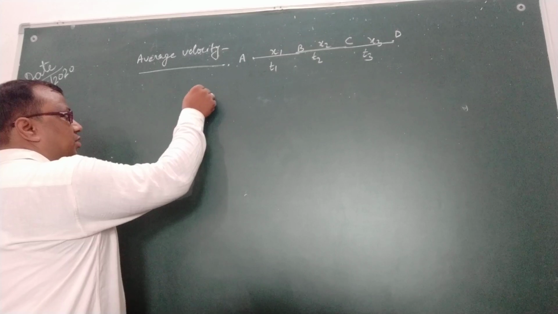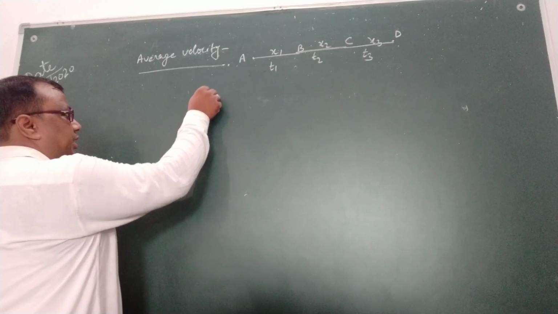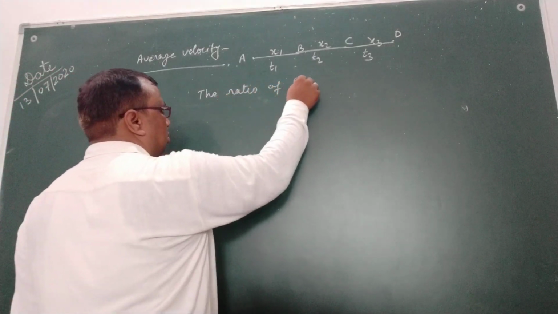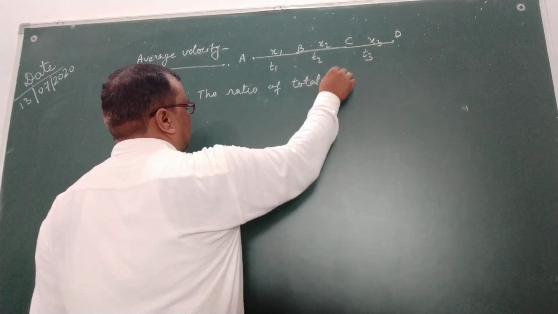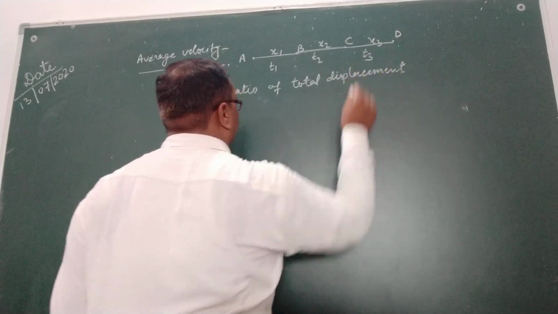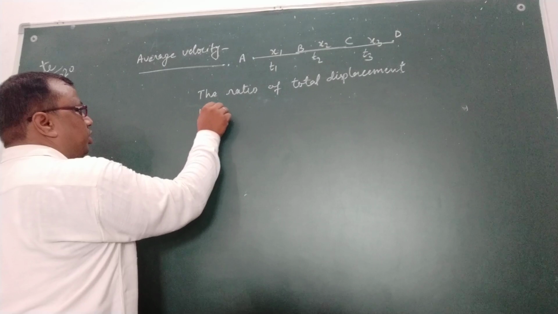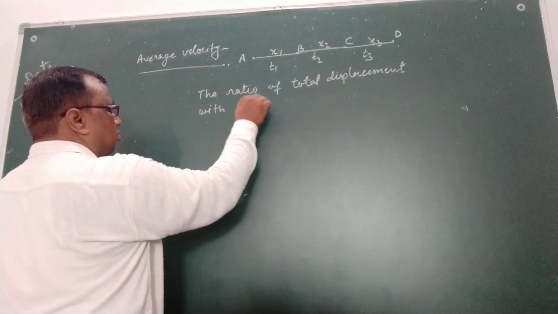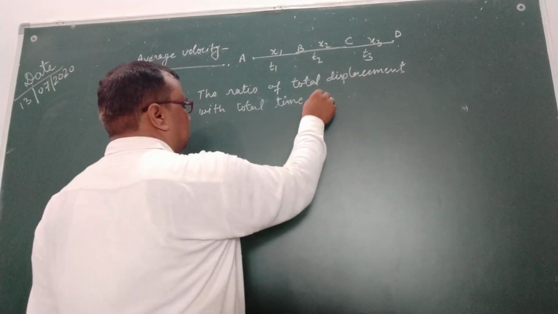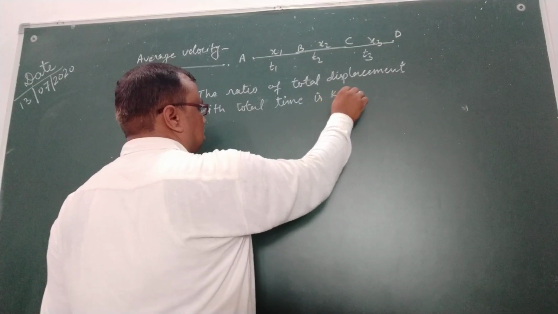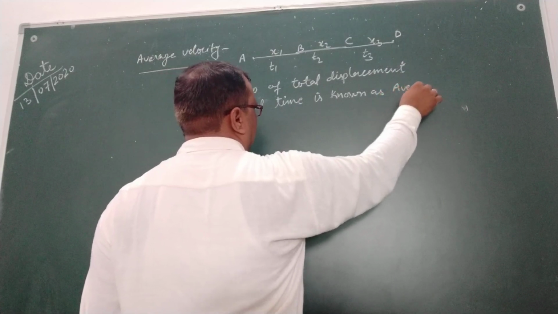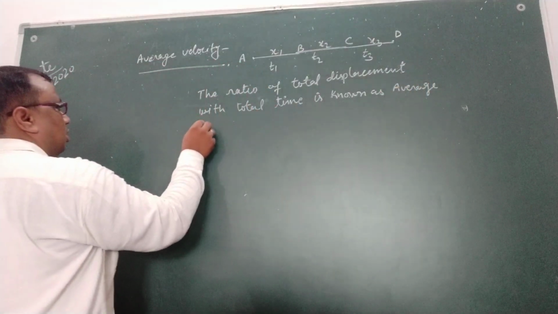So we can write here, the ratio of total displacement with total time is known as average velocity.